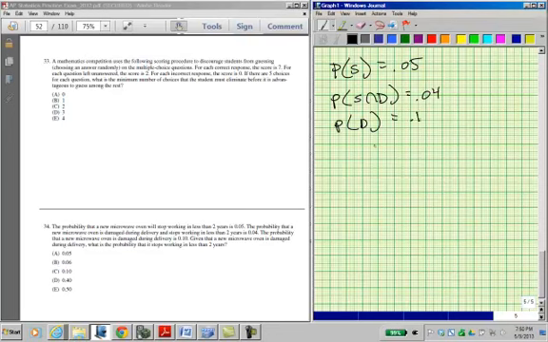Now, given that it's damaged, what's the probability that it stops working? That equals the probability that it stops working and is damaged divided by the probability that it's damaged. They're really just setting you up here. If you just plug in the numbers, it's 0.04 divided by 0.1, which is 0.4. So the answer is 40%, which is 34, D.